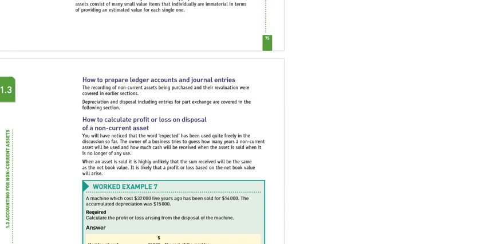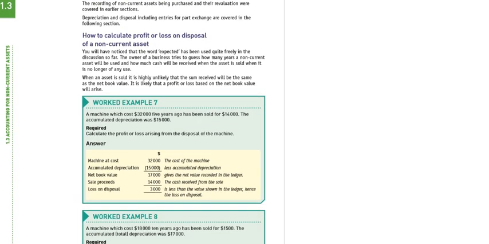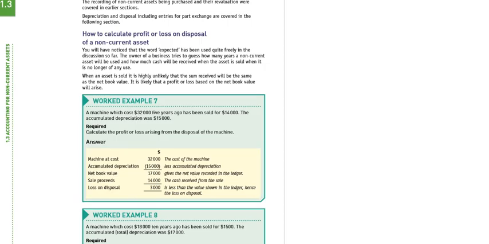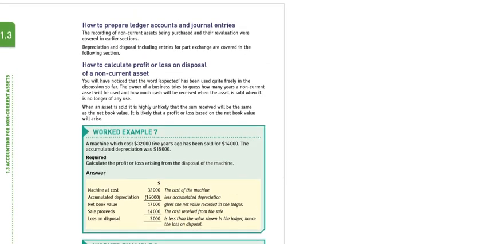So how to prepare ledger accounts and journal entries? We have done this. So now the new concept will be the disposal of non-current assets. Disposal means when we want to sell our asset.